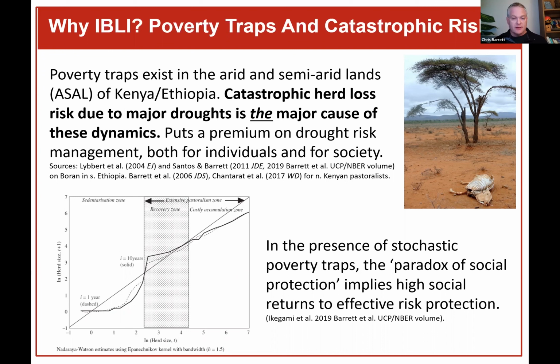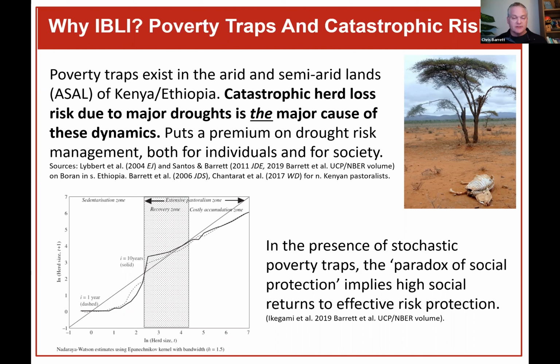Notice as you move into the recovery zone, now the recursion diagram crosses that 45-degree line from below as you move from left to right, which means that's an unstable equilibrium. There's a tipping point. So that tipping point, which depending upon which data set we use, seems to fall somewhere in the 6 to 15 head of cattle range, or cattle equivalent range, in this and several other data sets we've now generated from this region.